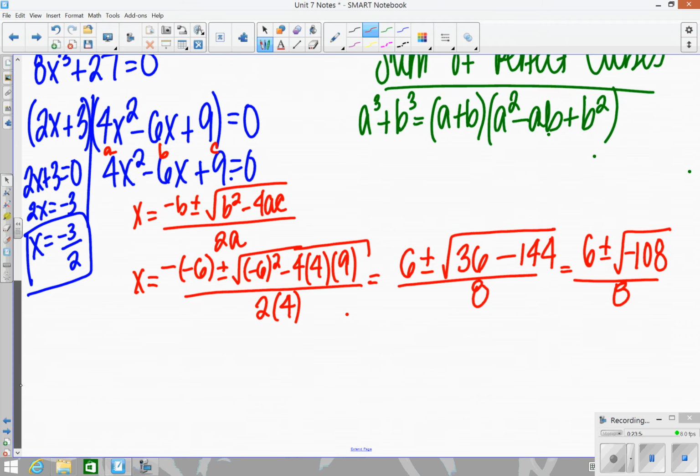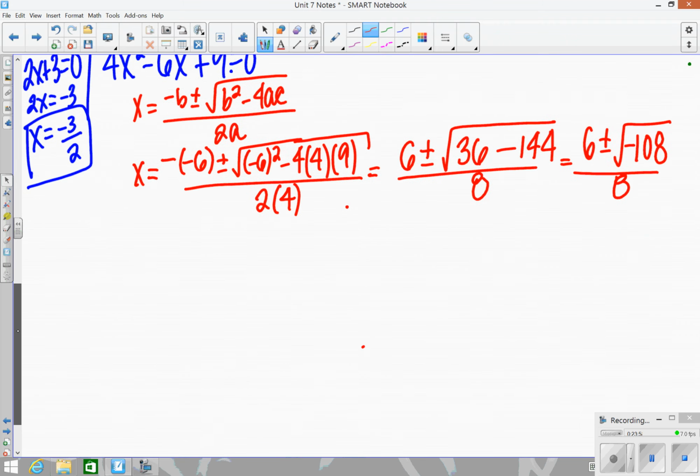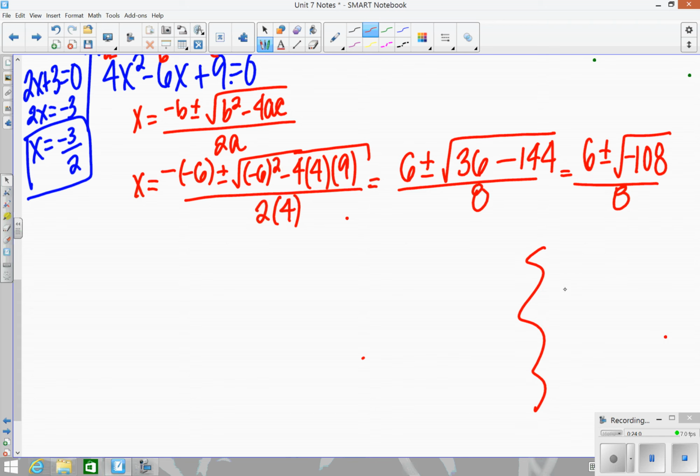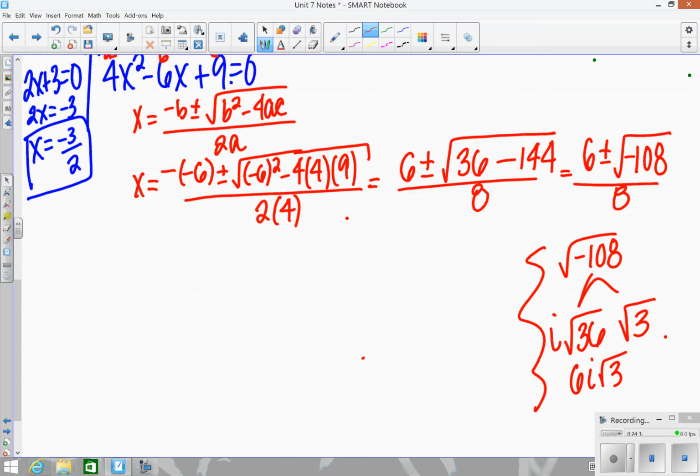And then you're trying to break down this radical 108. So let's break that down off to the side. So we have negative 108. Bring out the i, perfect square, non-perfect square. So the biggest perfect square that goes into 108 is going to be 36, and it'll be 36 times 3. So we'll get 6i radical 3 left.